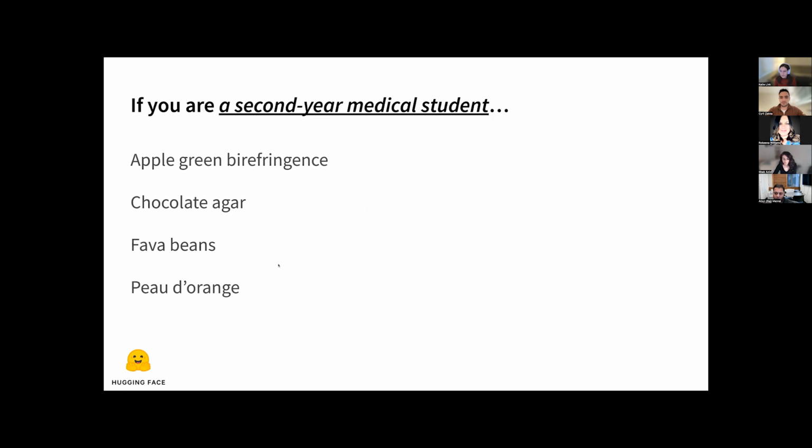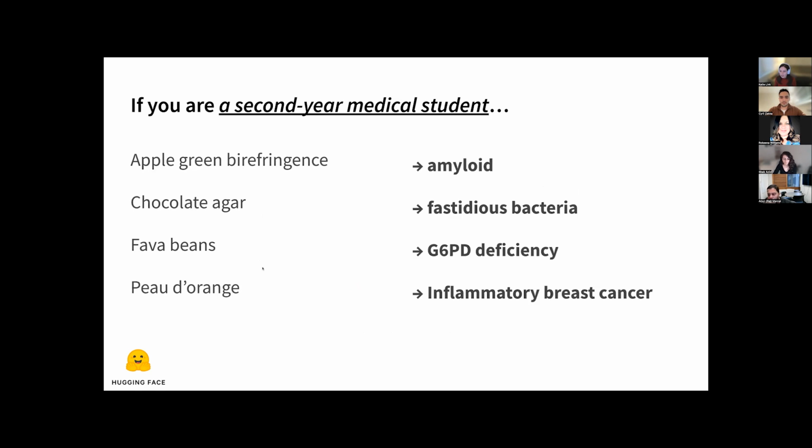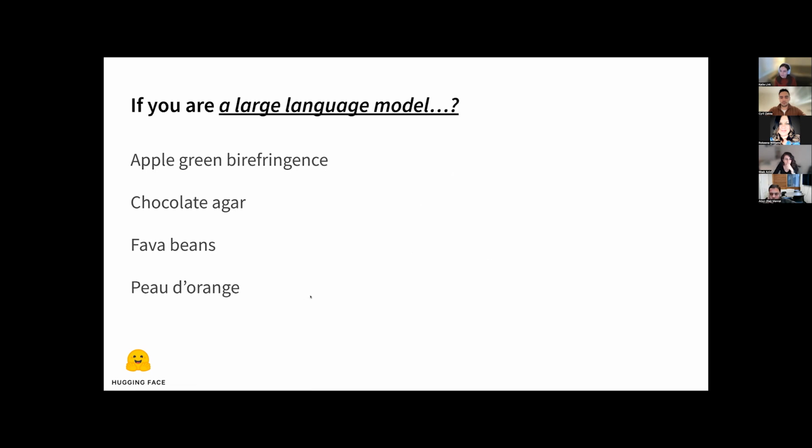But if you're a second-year medical student, immediately you're going to be thinking about certain pathologies or pathogens. This is because you are studying for Step 1 and you're reading a ton of textbooks, doing a ton of flashcards, and learning these very high yield phrases, which, within these Step 1 questions, correlate with certain answers. What does this have to do with language models?